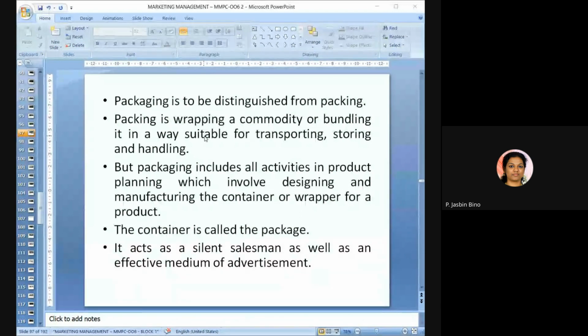We can distinguish one product from another based on packaging. Packaging is wrapping a commodity or bundling it in a way suitable for transporting, storing, and handling. Packaging includes all activities in product planning which involve designing and manufacturing the container or wrapper for a product. The container is called the package. It acts as a silent salesman and also as a tool for advertisement.